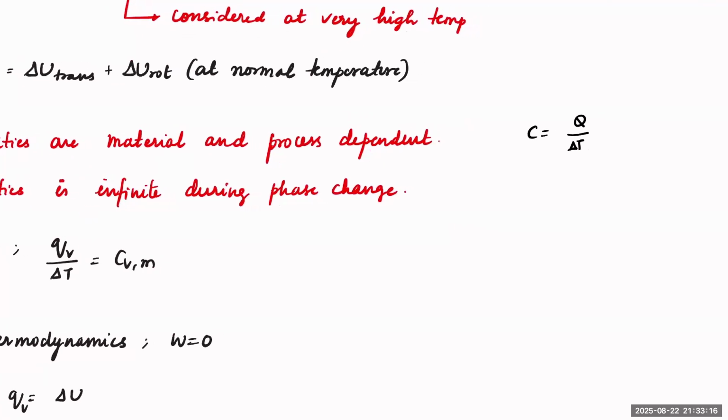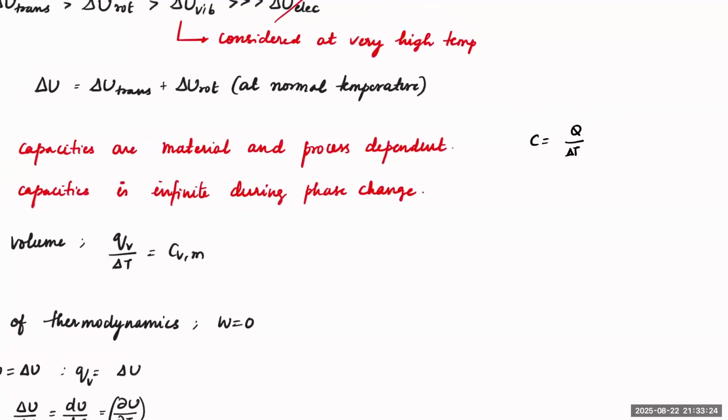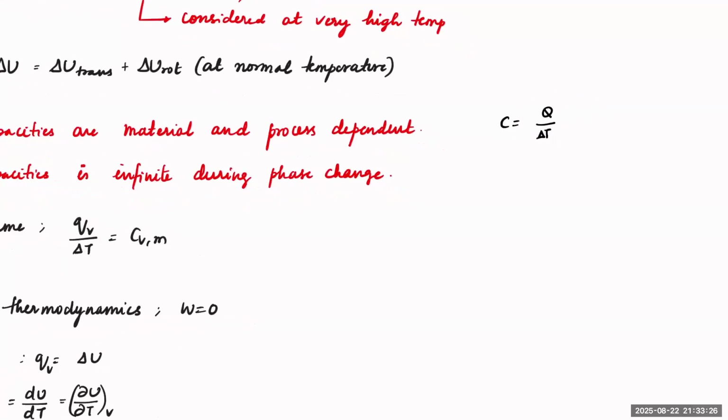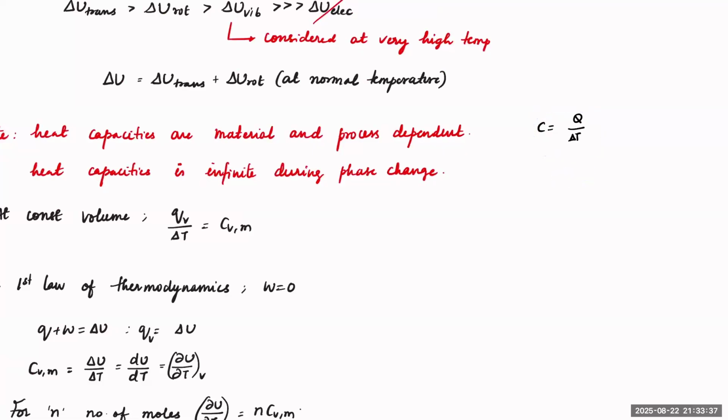And if there is a substance in the system, let's say, and you are trying to verify how much amount of heat it will sustain. So in that case, what do we check? Q by delta T. Correct.